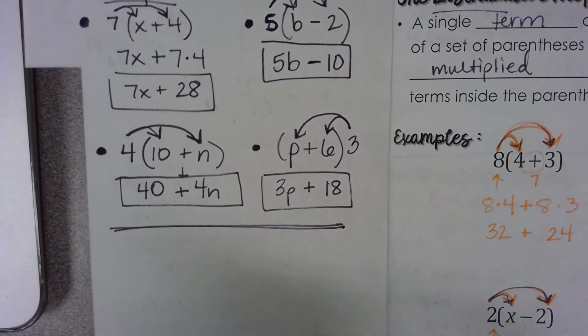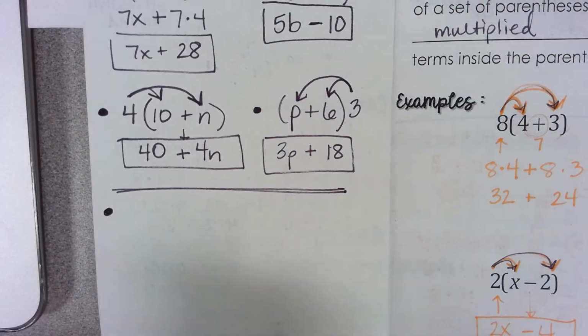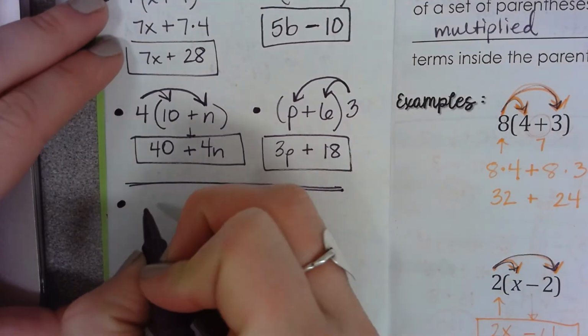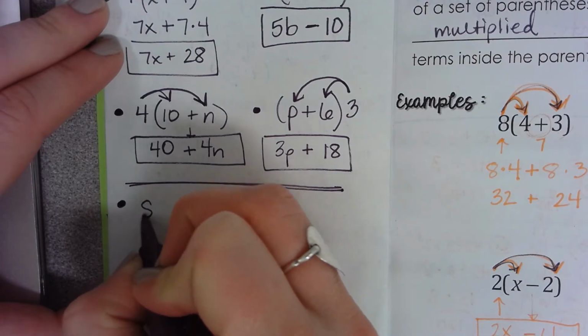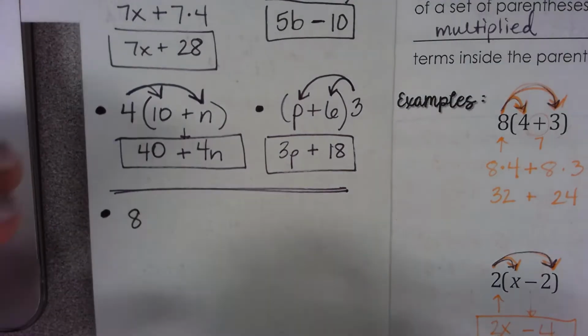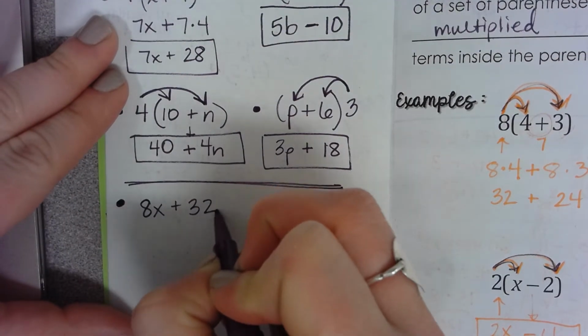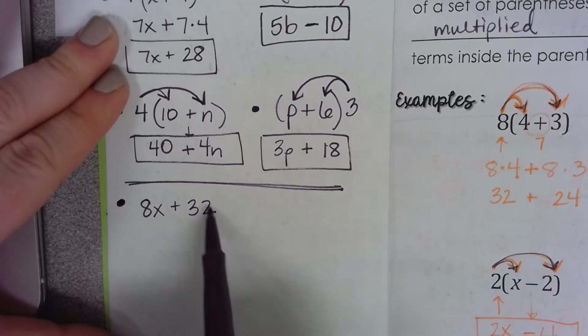So my first example for working backwards with it right now is going to be this. Let's do 8x plus 32.